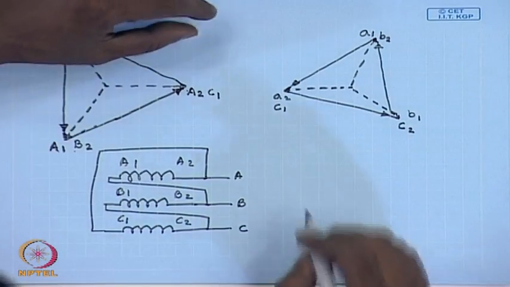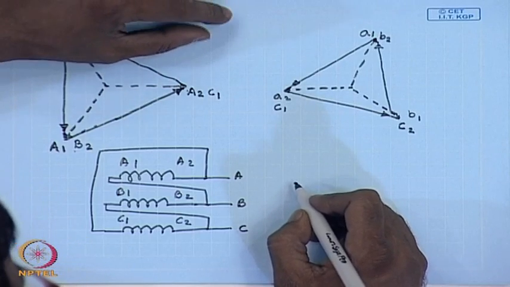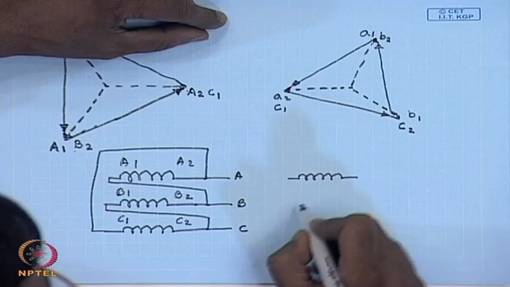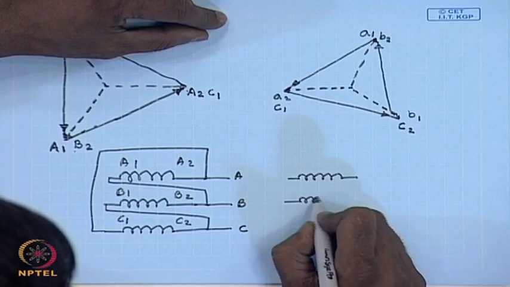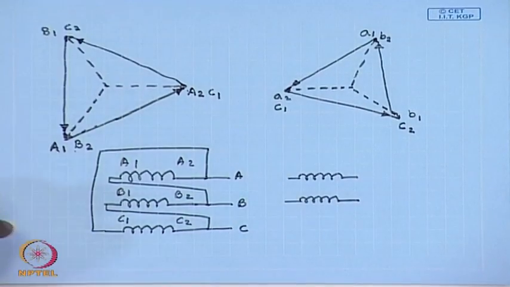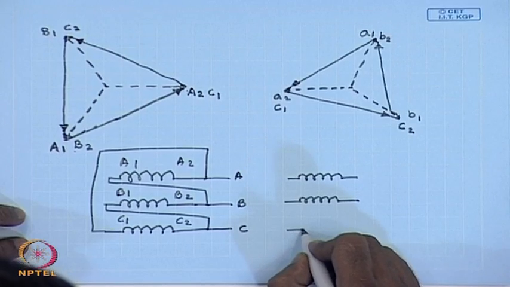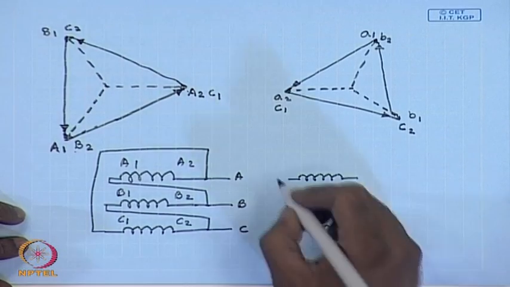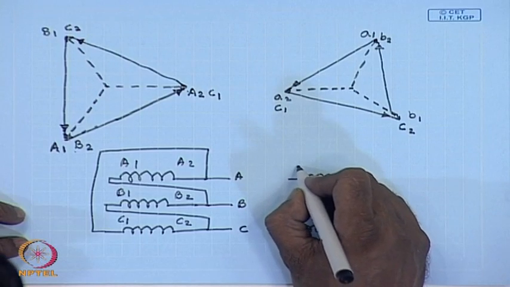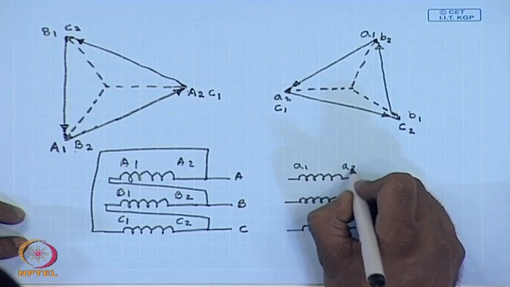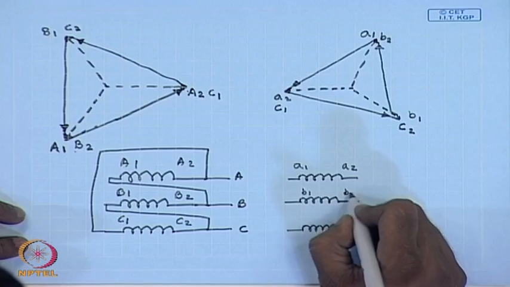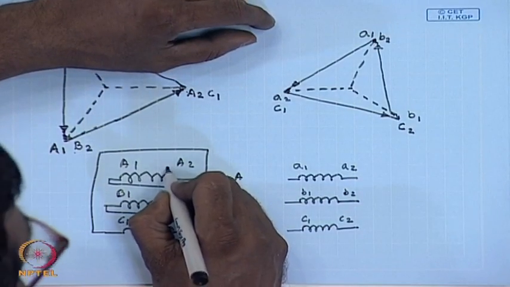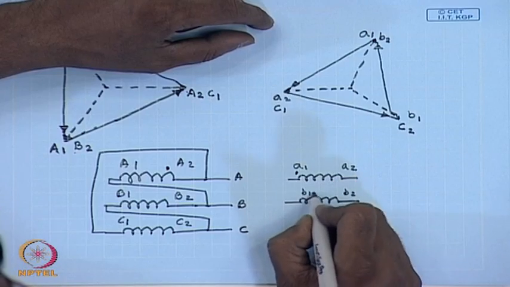On the low voltage side also, this is A1, A2, B1, B2, C1, C2. However, the dots are now this way.